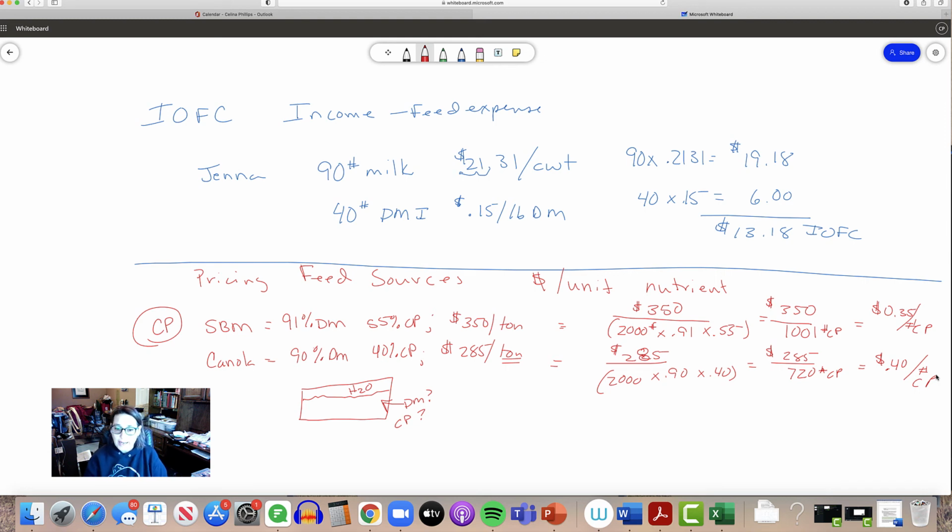So you can't just look at price per ton. You need to account for the water in the feed, and you need to account for the actual nutrients you're paying for. We can do this with calories, or calories per pound of feed. We can do this with TDN. We can do this with fiber. We can just do this with dry matter, which is what we commonly do for roughages.